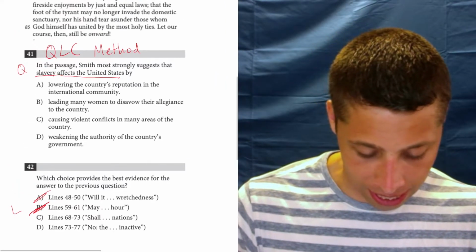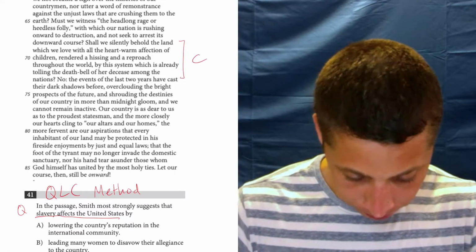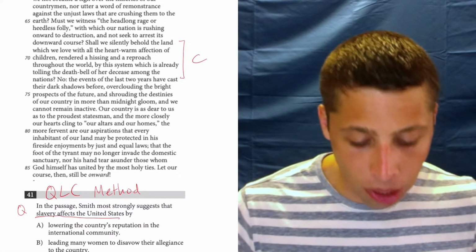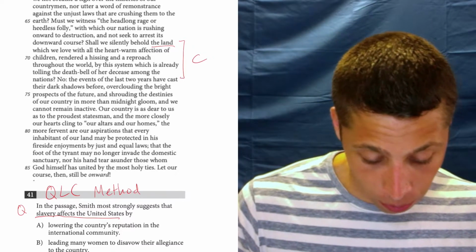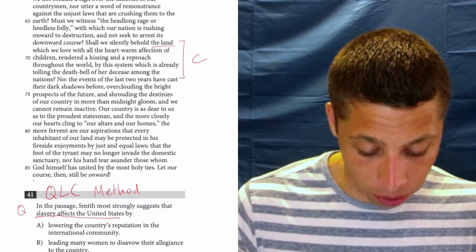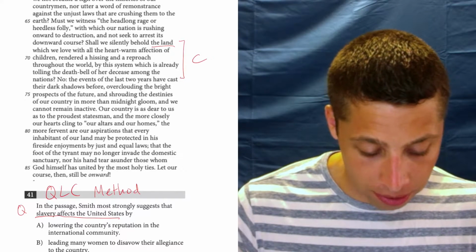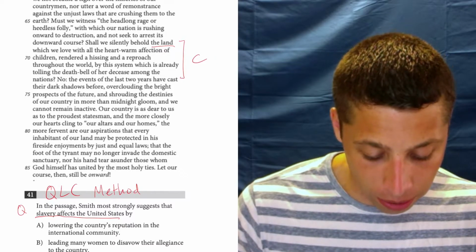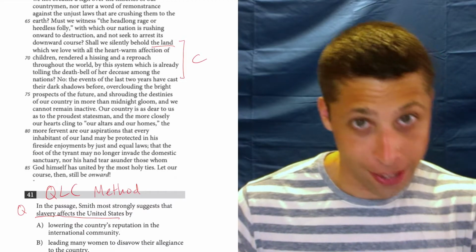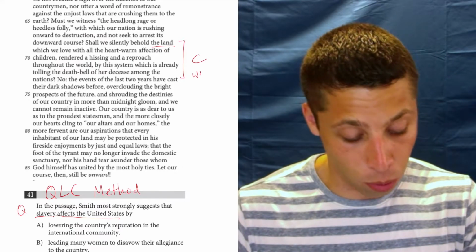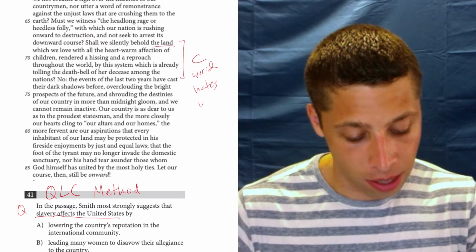C, 68 to 73. All right, kind of long. Shall we silently behold the land which we love, probably the United States, with all the heart-warm affection of children, rendered hissing and a reproach throughout the world by this system which is already tolling the death bell of her decrease among the nations? Okay, so the world hates us, right?